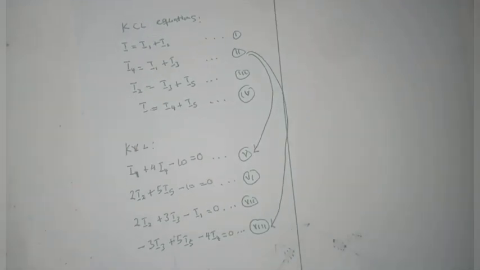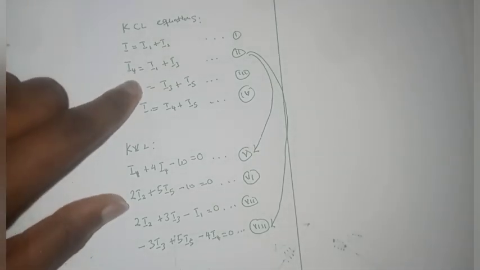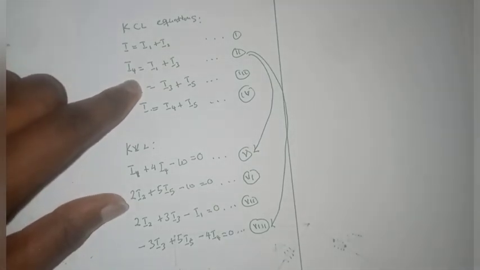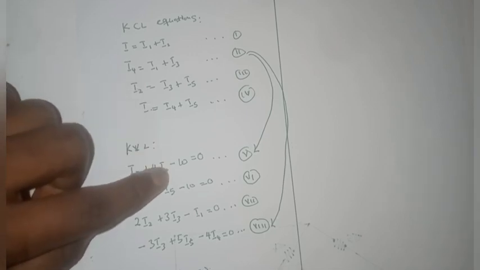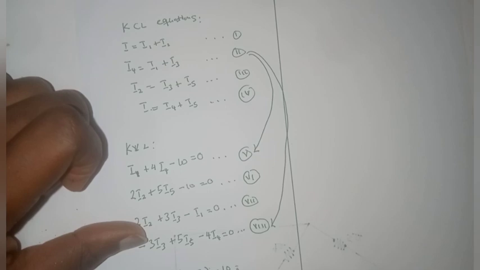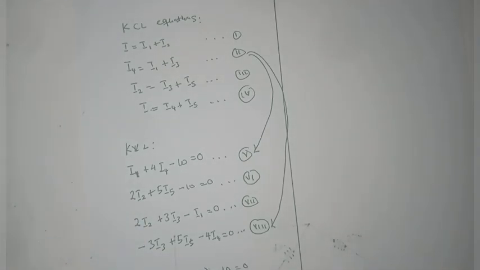Now, this will result in an equation like this: I1 plus 4 into I1 plus I3 minus 10 equals 0.